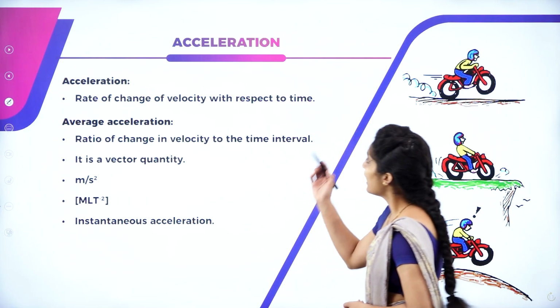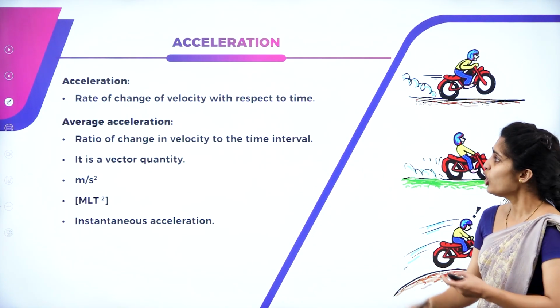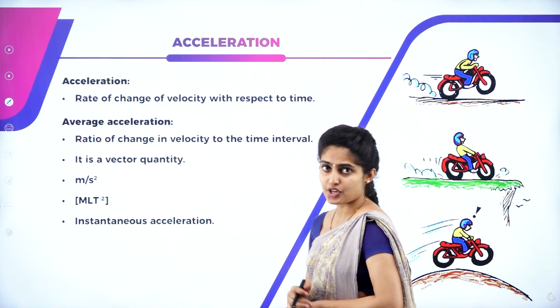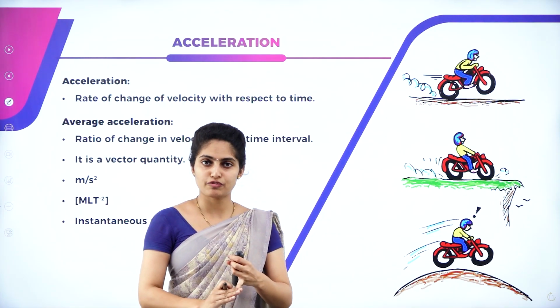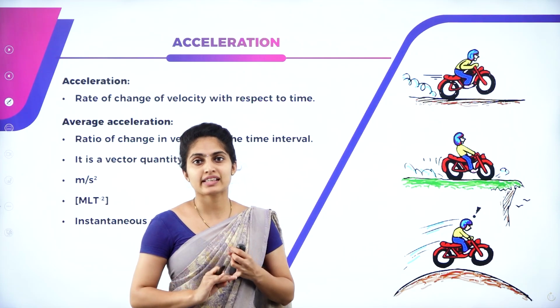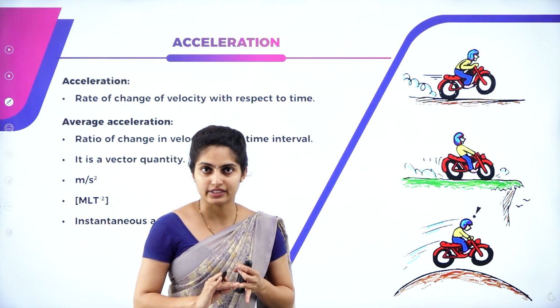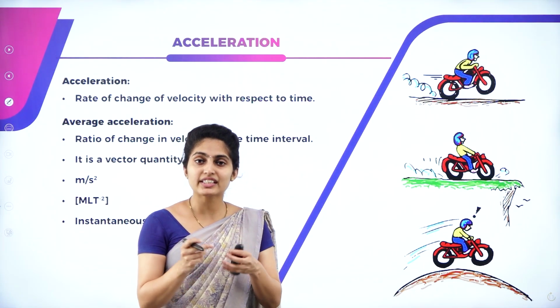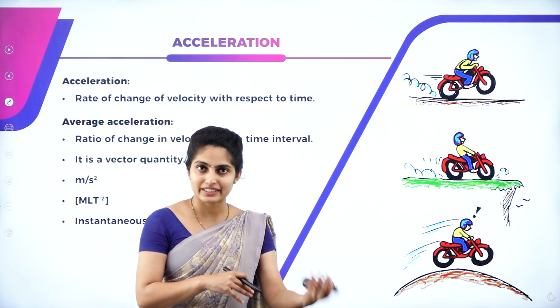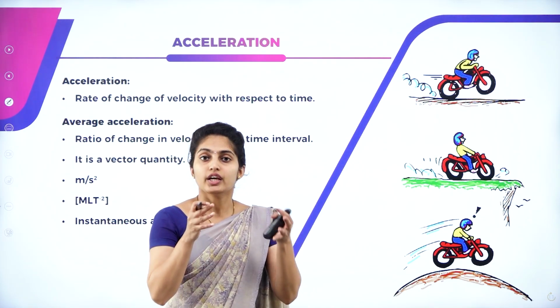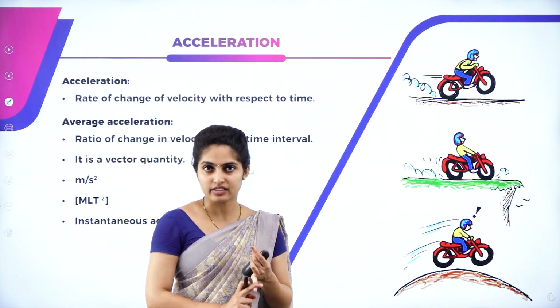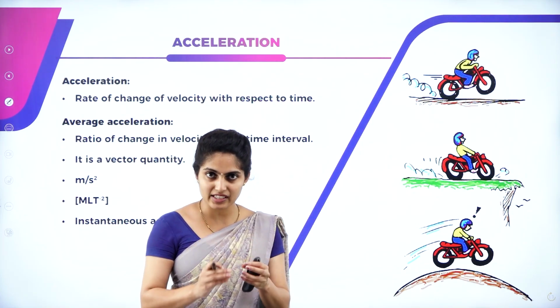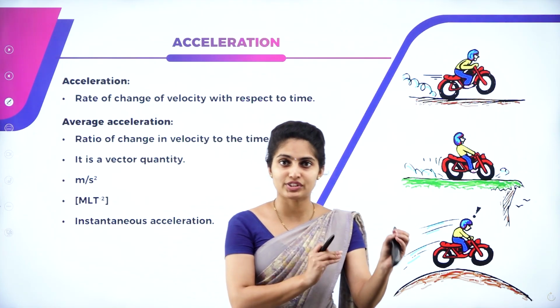Next we have acceleration. What is meant by acceleration? Whenever an object is in motion, there is a velocity. Suppose the velocity is not uniform. For an object to cover equal paths in equal intervals of time, it has to move with the same velocity throughout.